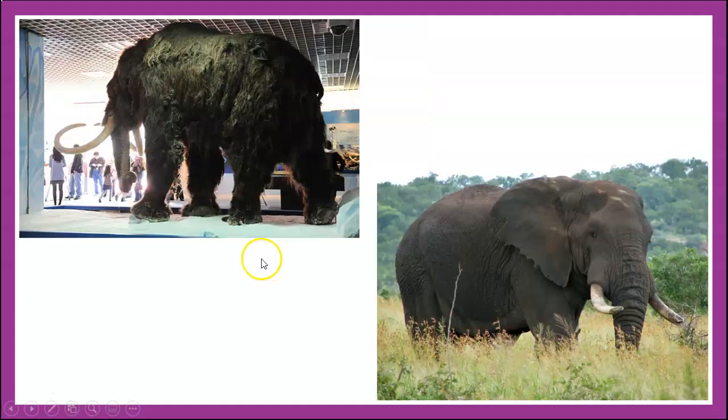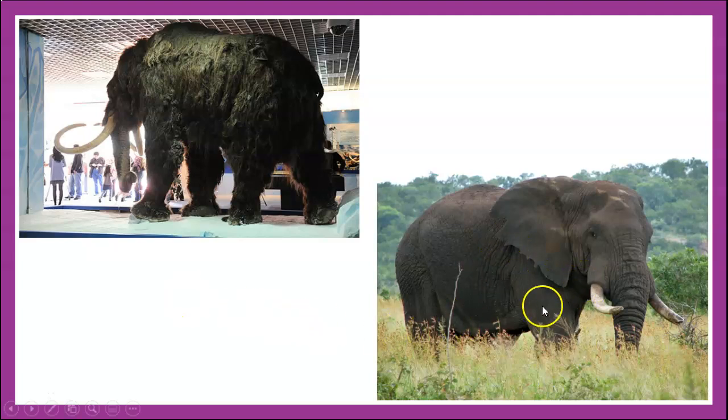Here's some examples of ancient creatures looking like modern day creatures, very similar. This is a woolly mammoth. Woolly mammoths were related to elephants. There are some significant differences between woolly mammoths and elephants in that they had different, more robust tusks. They had a thick coat of heavy fur.